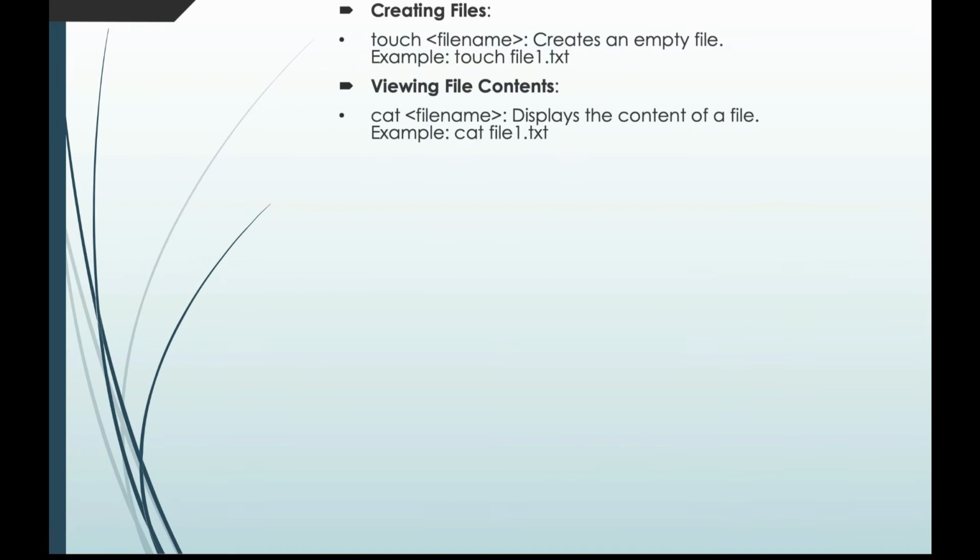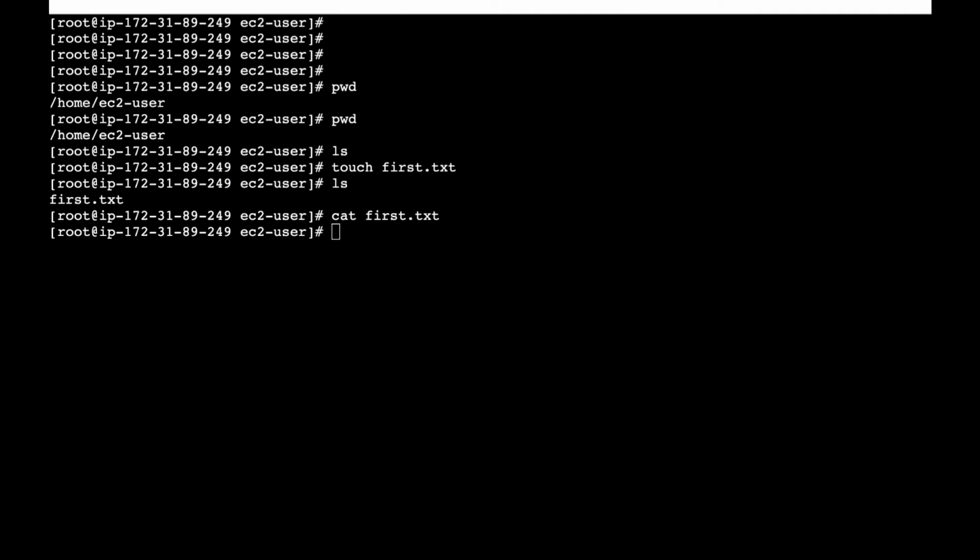But what we can do is type the command nano first.txt. If you want to write anything into a file, you can use the nano command. So we type nano first.txt and hit enter.